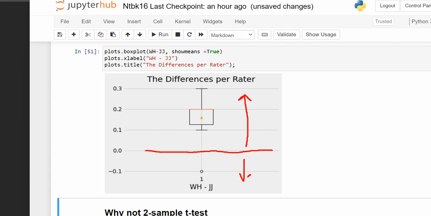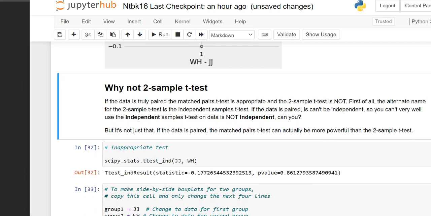Negative scores are going to be for JJ. And so definitely we would reject the null. When we check on which average score was higher, we find that our raters prefer Wirehouse, and that is probably the franchise we're going to contact when we want to open our own restaurant.